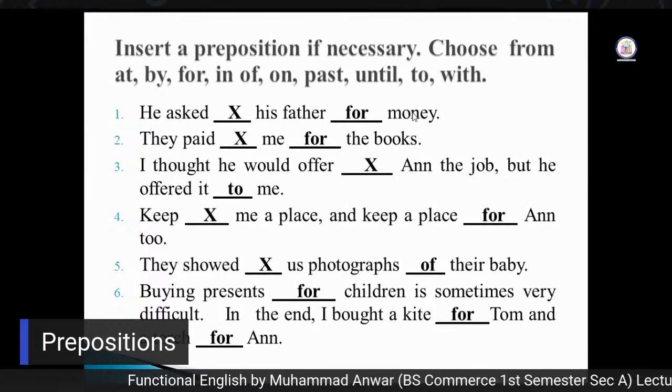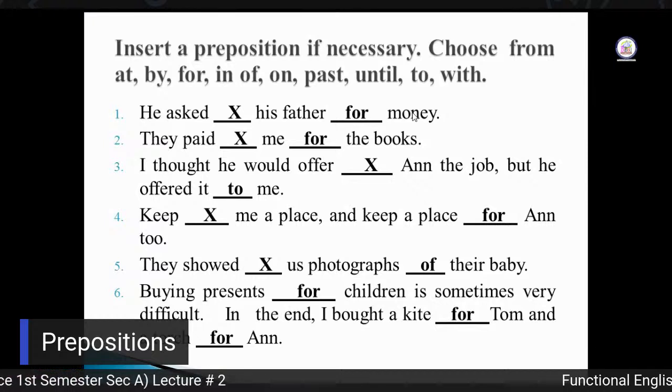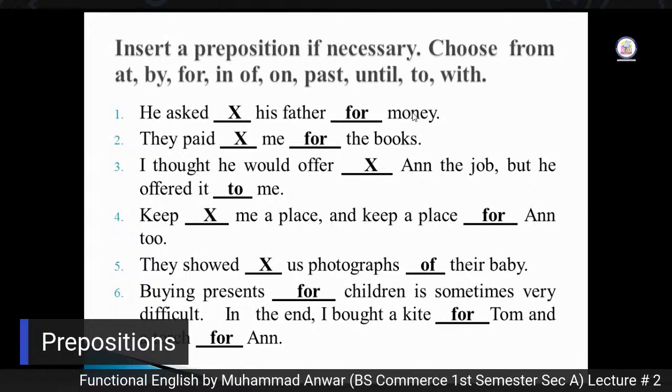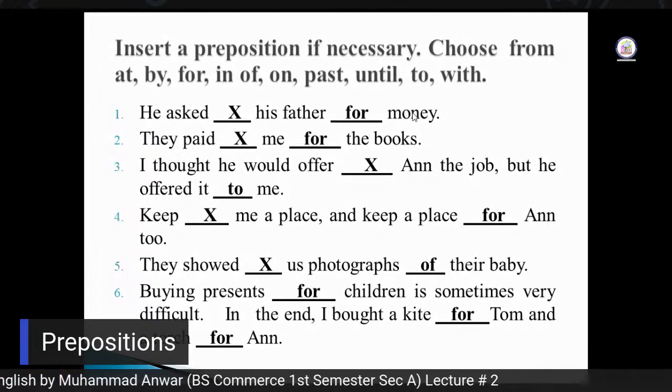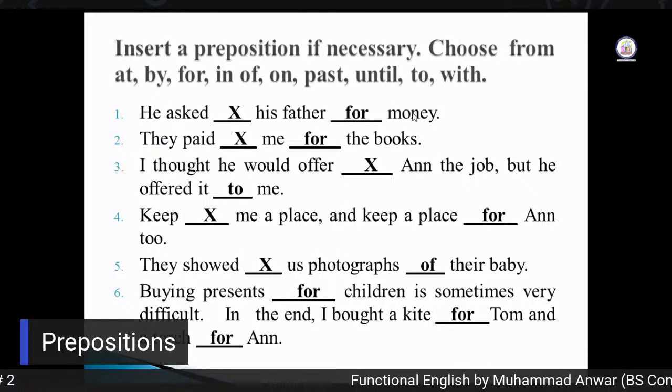I thought he would offer me the job, but he offered it to me. Keep me a place, and keep a place for him. They showed us photographs of their baby. Buying presents for children is sometimes very difficult. In the end, I bought a kite for Tom and a torch for Anne.